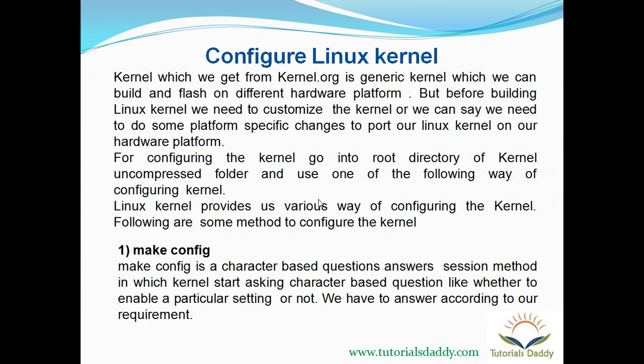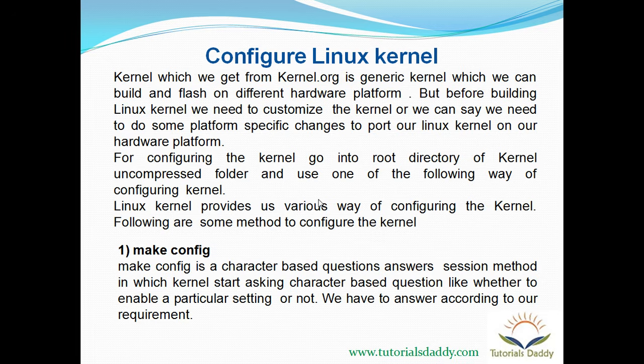Now we will understand what exactly the configuration of the Linux kernel is. The kernel which we have downloaded from kernel.org is a generic kernel, meaning it is specific to some particular hardware, let's suppose x86. But you might be working on some other hardware. Suppose you are working on TI hardware, Qualcomm hardware, or Samsung hardware.